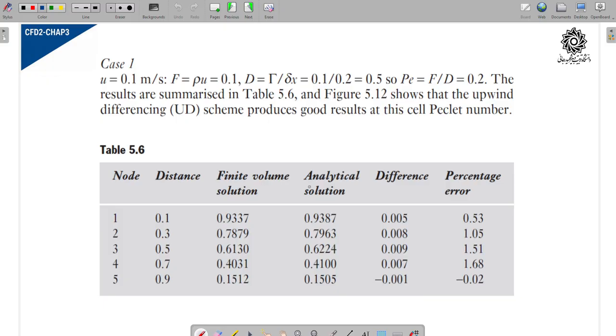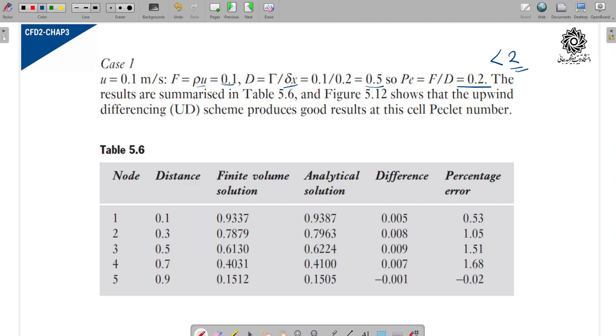For case one, u is 0.1 and F equals rho u equals 0.1, and gamma divided by delta x equals 0.5. Therefore, the Peclet number is 0.2, which is less than 2.